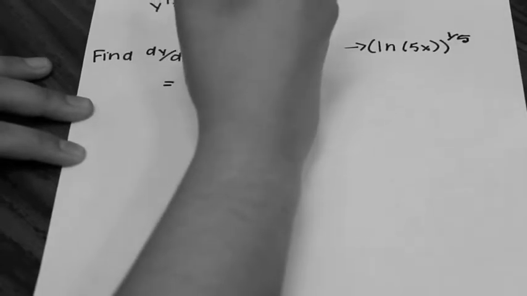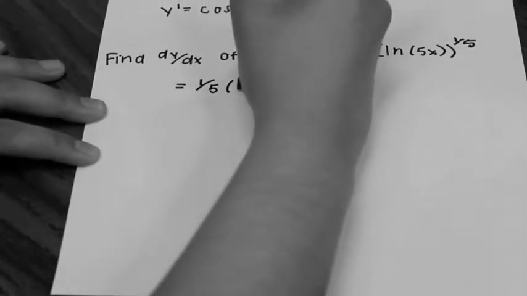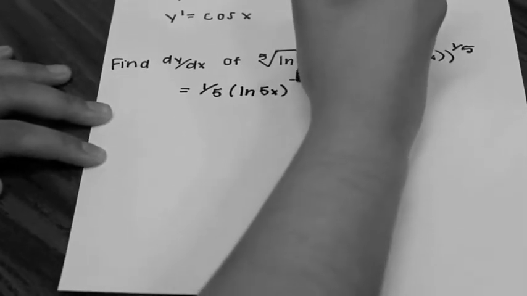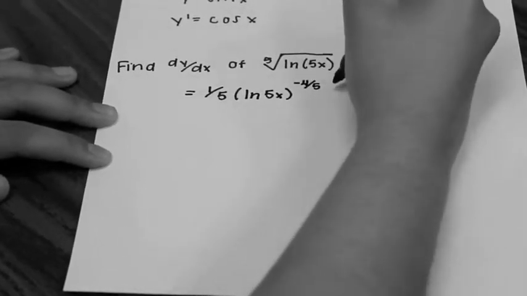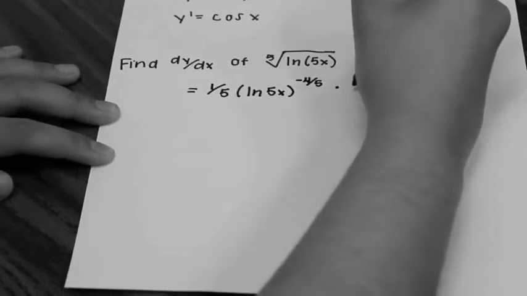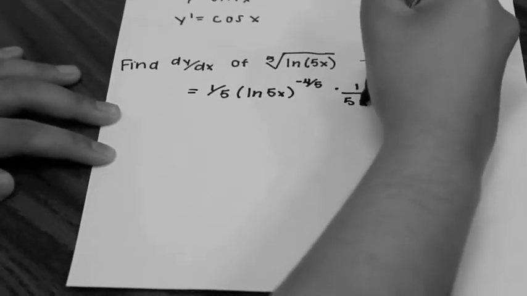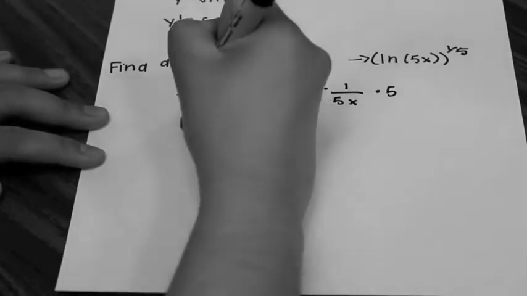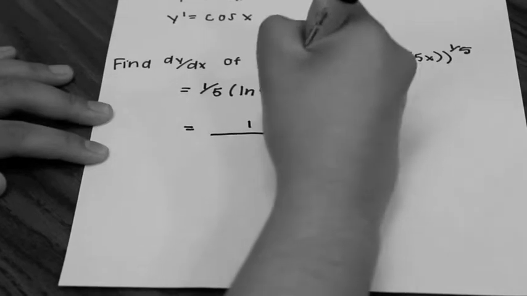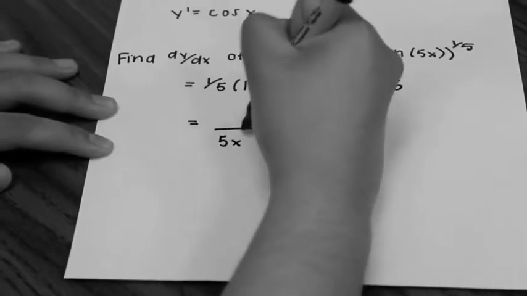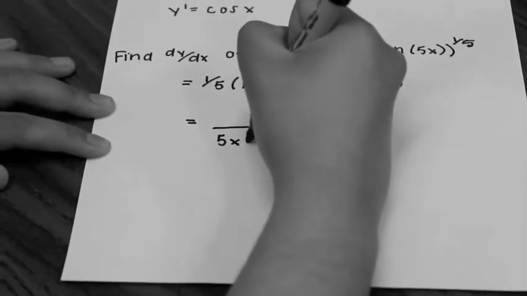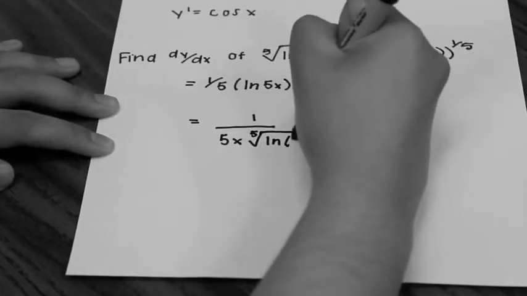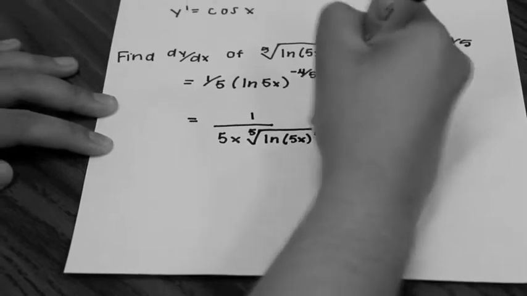So 1/5 times ln 5x to the negative 4/5 power times 1 over 5x times 5. And you can simplify that to 1 over 5x times the fifth root of ln of 5x to the 4th power.